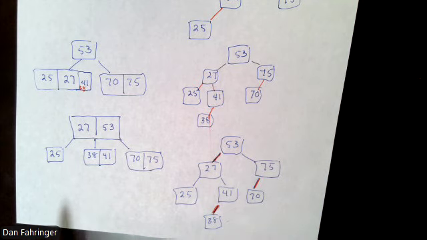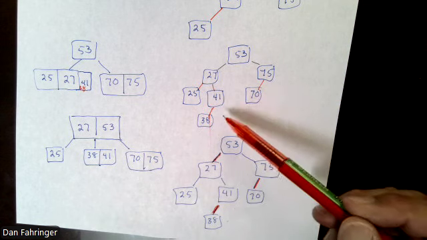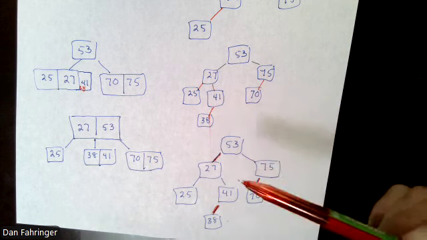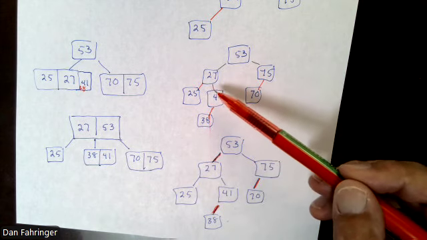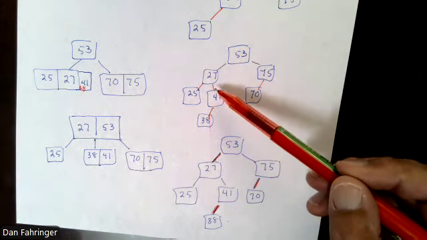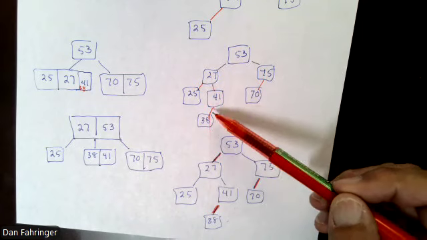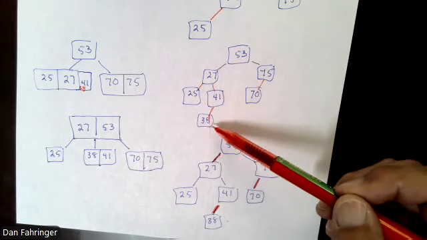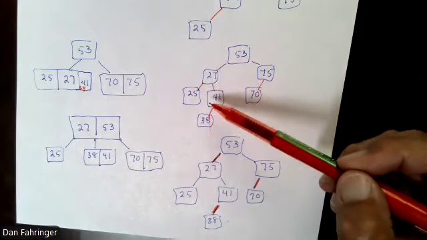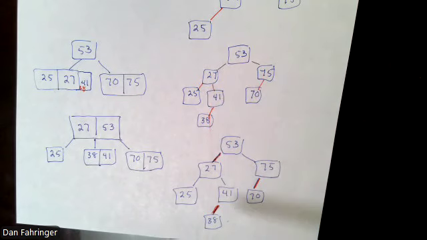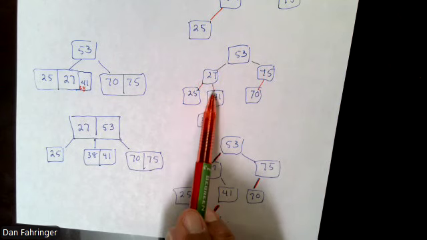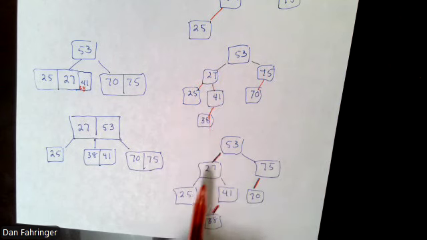38, 41 are siblings. So let's see, when I added this red, it went crazy and said, change both of these next level to black and change it. So it went, okay, I got two reds in a row. It kind of says, go up and switch all of those. Switch these two reds to black and that black to red.